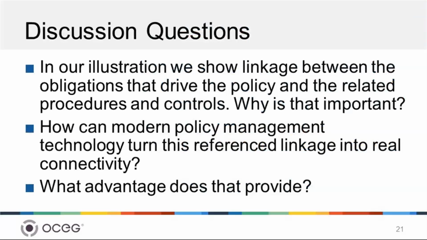This is the way the organization wants to do something. But why is it important to put that into the policy template to show that? And how do we use our modern policy management technology to actually make that a meaningful connection, rather than just stating maybe a citation of a regulation?